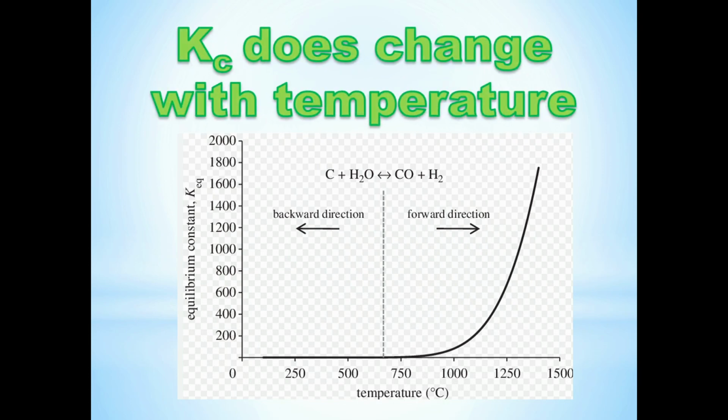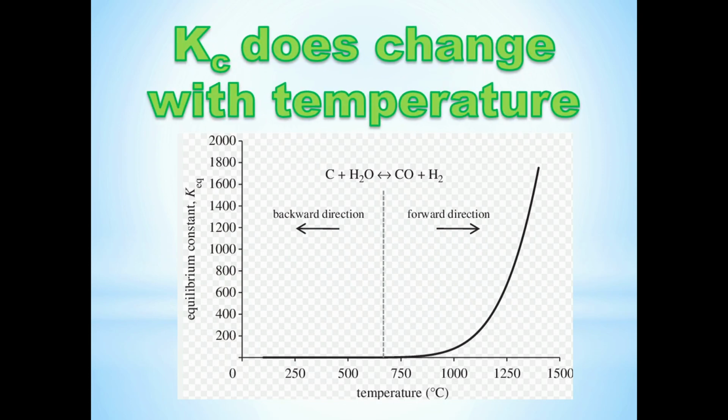What it does change with is temperature. Our rate constants change with temperature, so our K value is going to change with temperature. Forward reactions tend to go better when they're hot, sometimes. We tend to think of reactions going better when they're hot, but that isn't always true.